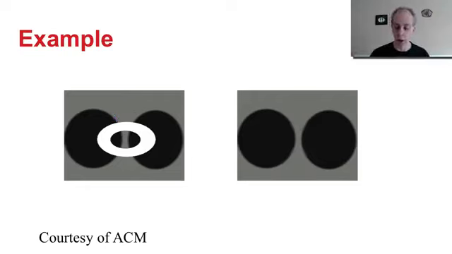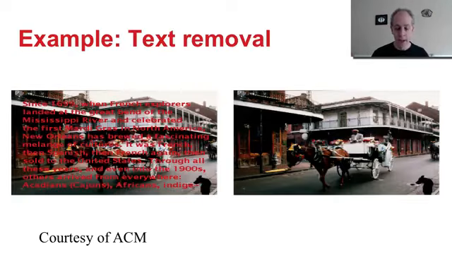Of course, if it works only on artificial images, it's not very good. Hopefully, it also works on real data. Here is an example. What is being inpainted? The letters. We wrote on top of this image. This is a nice image of New Orleans. And we basically wrote on top, and boom, the letters are gone. So the region to be inpainted is all these letters, and we go inside and make the letters disappear.